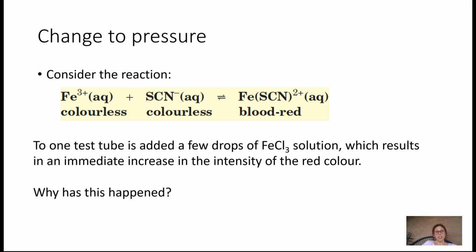As Le Chatelier said, if an increase in concentration happens, the system is going to try and partially counteract that change. So if I increase my production here of these ions, an increase is going to drive the reaction this way and increase the formation of those iron thiocyanate ions on the right hand side.